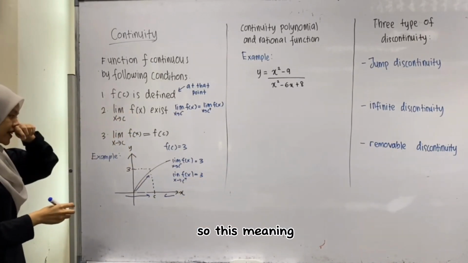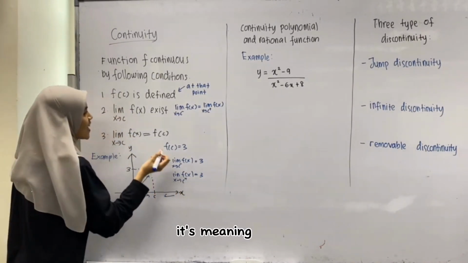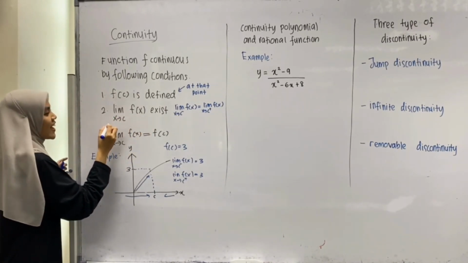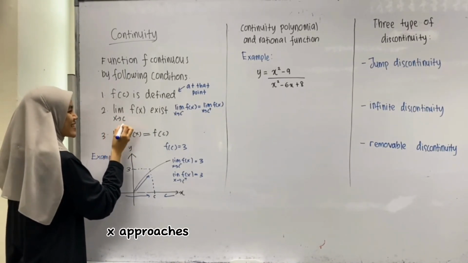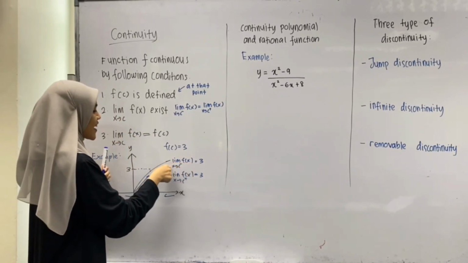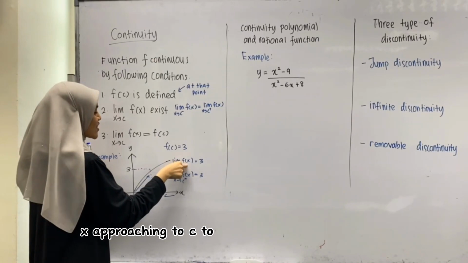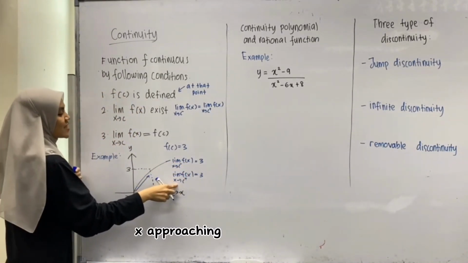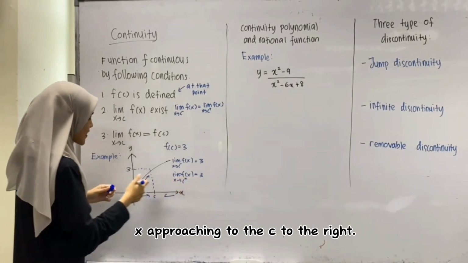So the limit as x approaches c exists, because the limit from the left equals the limit from the right.